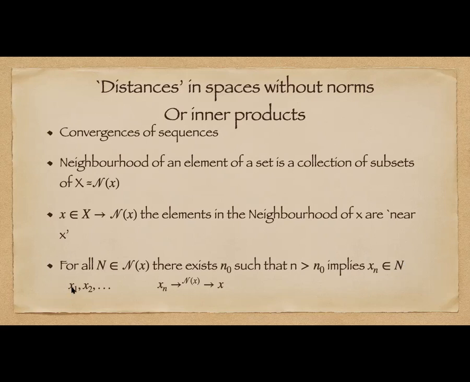So we're given a sequence of elements x_1 to x_n. If there exists an n naught, a way of enumerating the elements of the sequence, such that for n greater than n naught... So now we are shifting to logic.